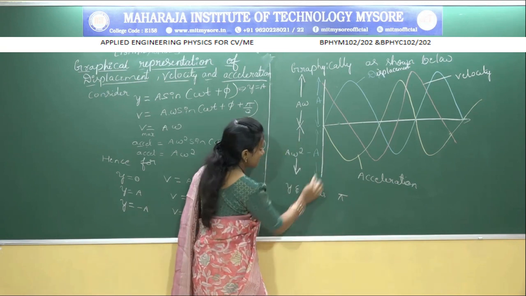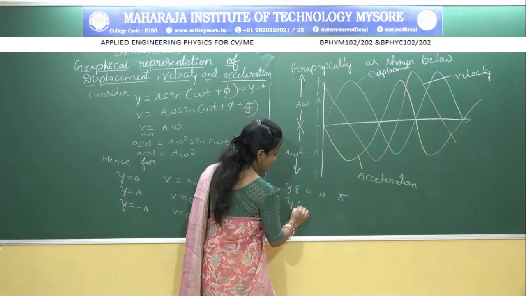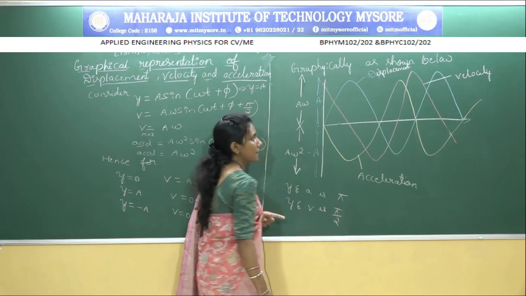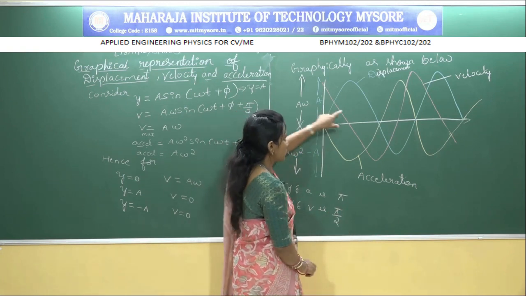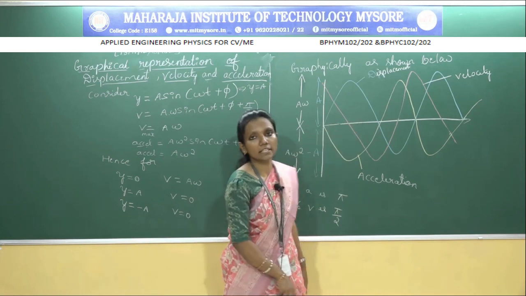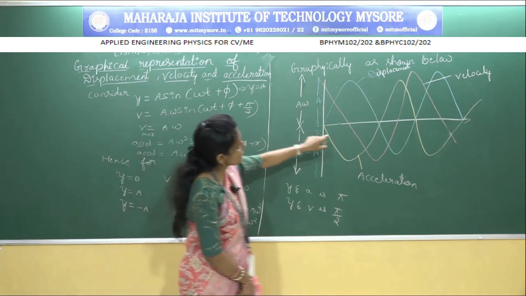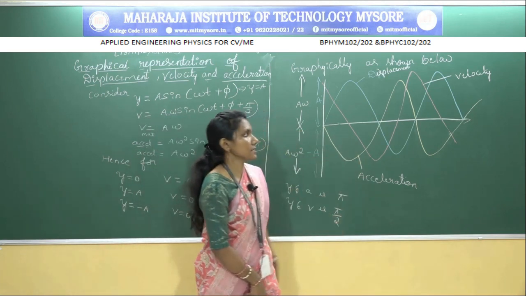And the displacement and velocity are in quadrature, exactly pi by 2. Like this, graphically we can represent the relationship between the velocity, acceleration and displacement.